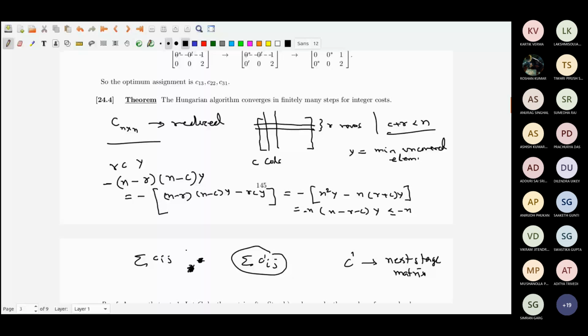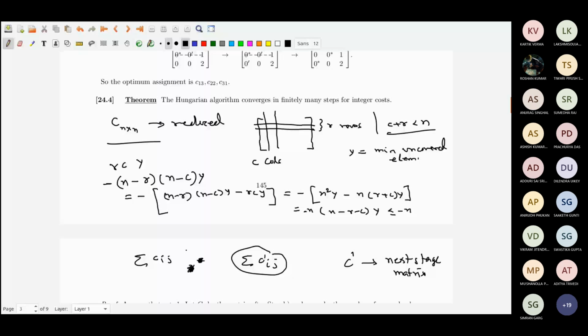And since in the beginning, the total sum of entries in C is a finite number, the algorithm must terminate in finitely many steps. So that is what it shows.